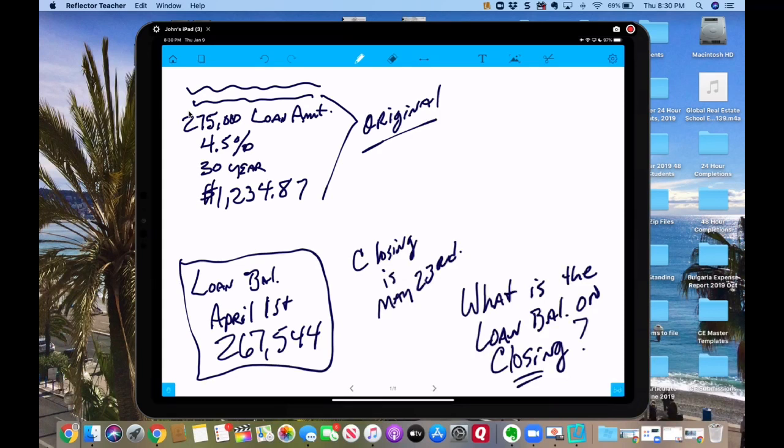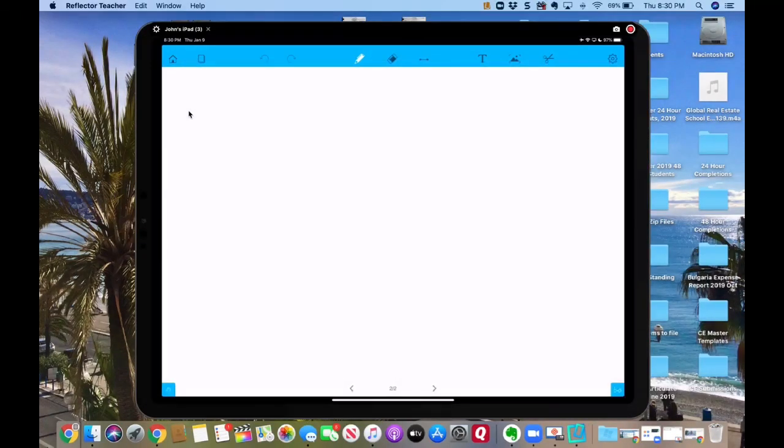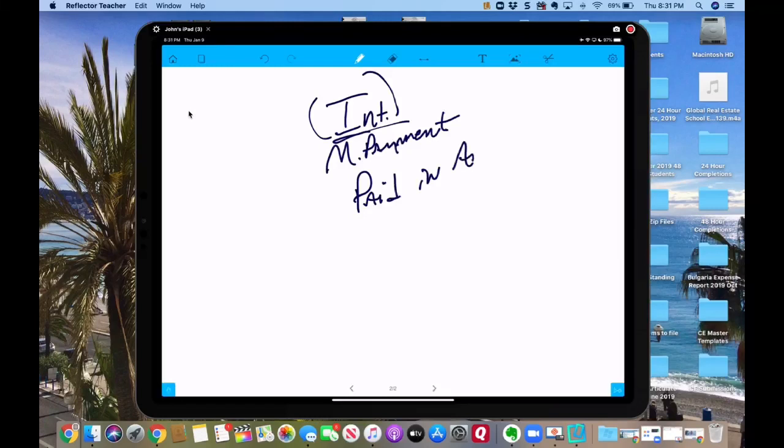So first of all, this was the original amount. This is just a stray bullet trying to throw you off balance, okay? This down here is what we need. However, this is the April 1st payment. Now remember, your interest or your mortgage payment, I should say, is always paid in arrears.